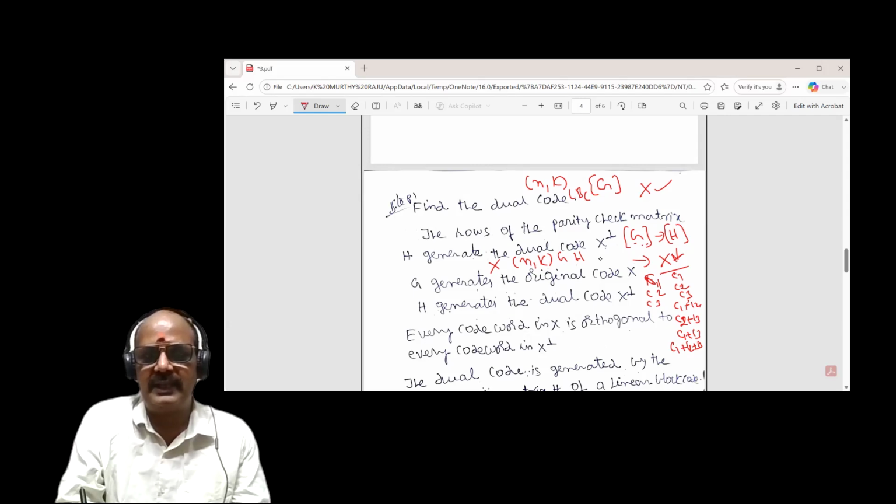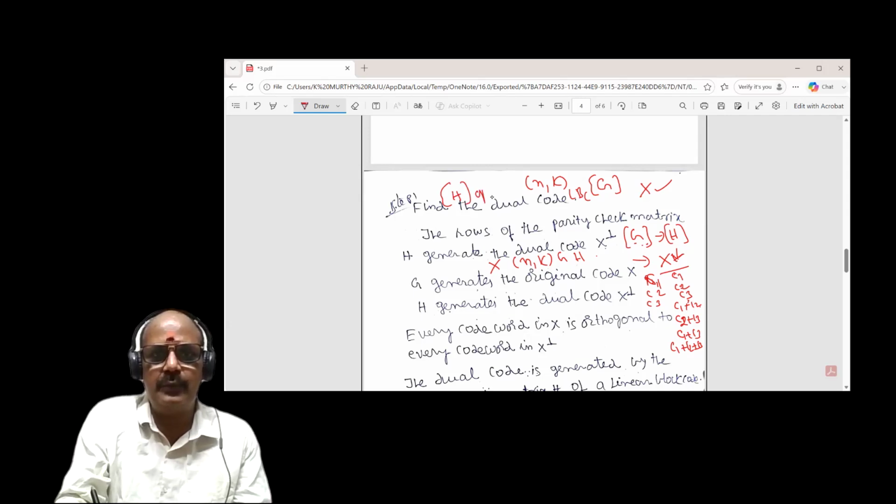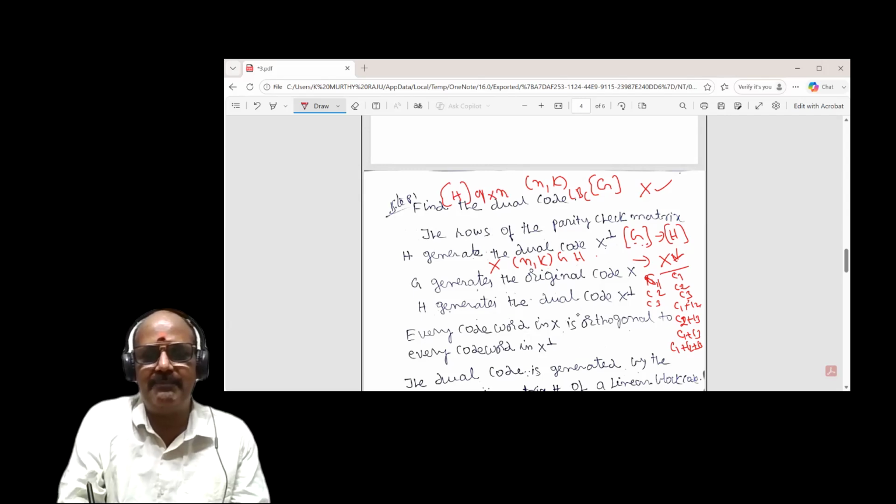Suppose the H matrix dimension is Q cross N. Therefore, the number of dual code words is 2 power q, where q is equal to n minus k.